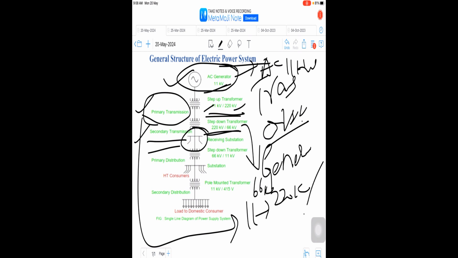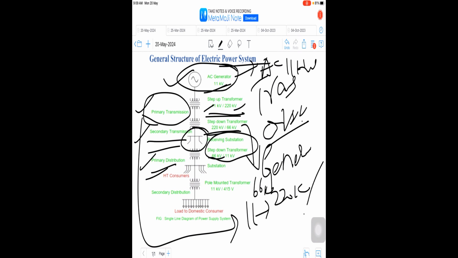Next, from the secondary transmission, the further transmission happens after reducing it from 66 kilovolts to 11 kilovolts. This is called as distribution. So generally here what we are doing is reducing the voltage for the purpose of distributing the voltage to the different substations.